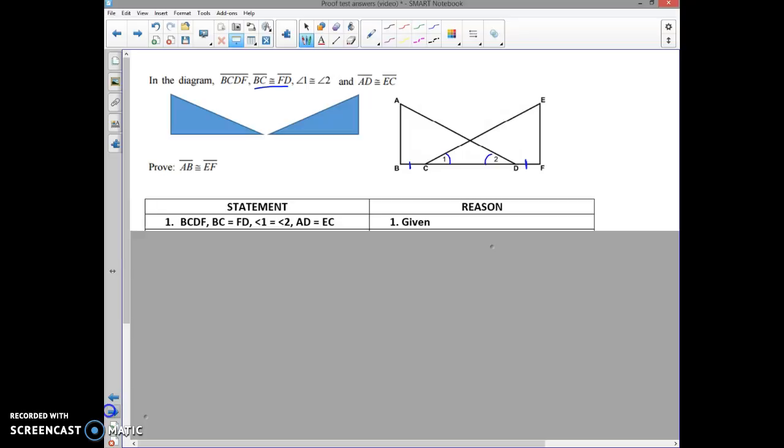You're also given, and this is a little harder to see, that AD, which is a part of this large triangle, equals EC. Now, because I have this that's a little bit harder to see, I separated the two triangles. I have triangle ABC right here. I rewrote it to make it a little easier.